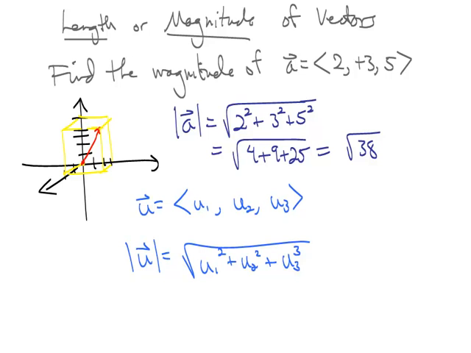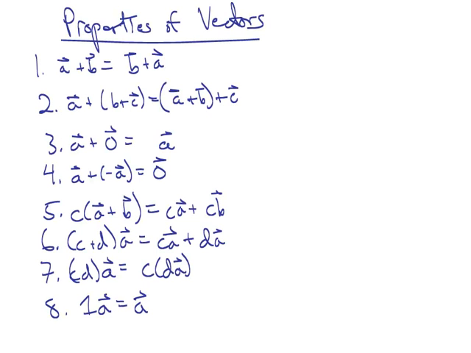Now I want to take a quick look at the properties of vectors just to highlight a couple of those. The main ones we're looking at: A plus B is equal to B plus A. That, of course, is the commutative property. We also have this associative property that we have not mentioned yet.